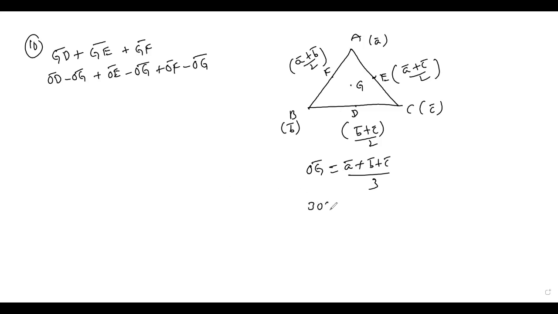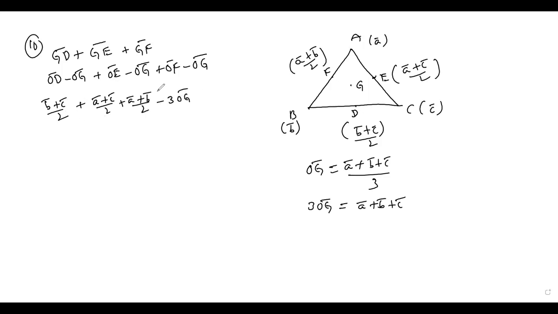Now from this, 3 OG bar is equal to, what will you get? a bar plus b bar plus c bar. Keep this in mind. Now OD bar is nothing but b bar plus c bar by 2, OE bar is a bar plus c bar by 2, OF bar is a bar plus b bar by 2. Remaining is minus 3 OG bar.